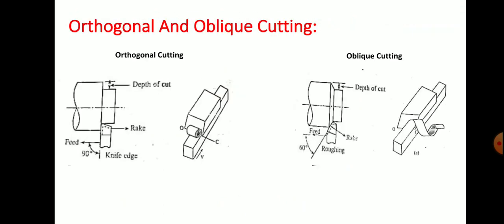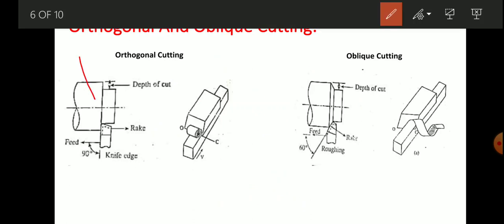Now we will move on to orthogonal and oblique cutting. Here we can see orthogonal cutting, which consists of a workpiece and a tool. This portion is known as depth of cut.